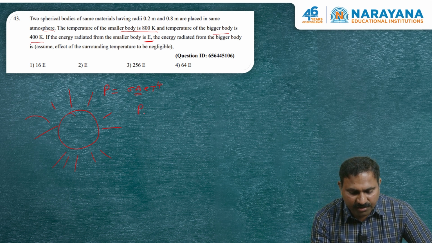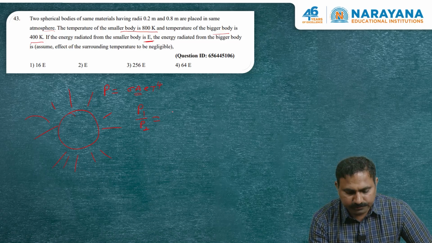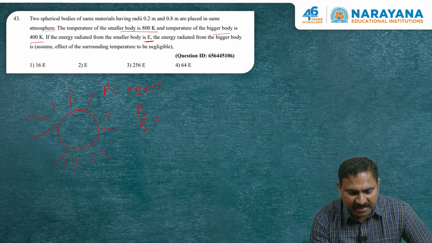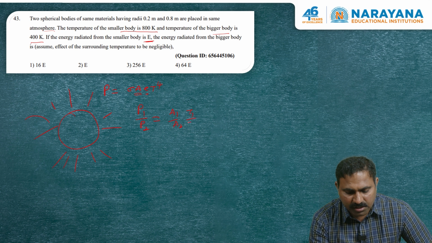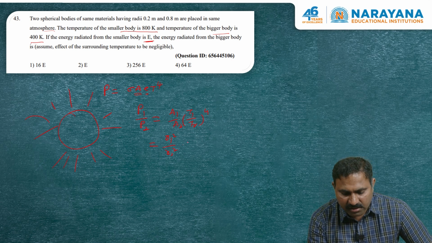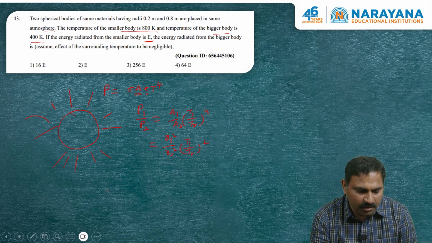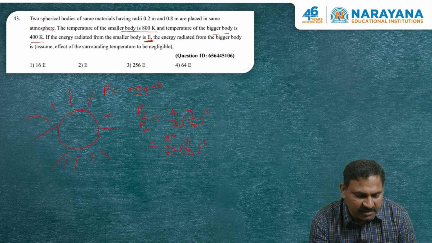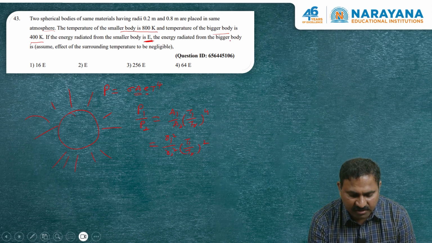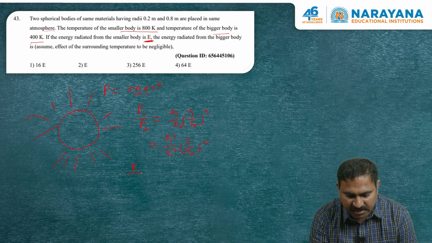Now P1 by P2 comes out to be sigma and e both are common for both, A1 by A2 into T1 by T2 power 4. A1 by A2 can be written as R1 square by R2 square. Similarly, T1 by T2 whole power 4. Now it is given E is for the smaller body, E is asked for the bigger body. Suppose if it is E, we need to find the value of E prime.